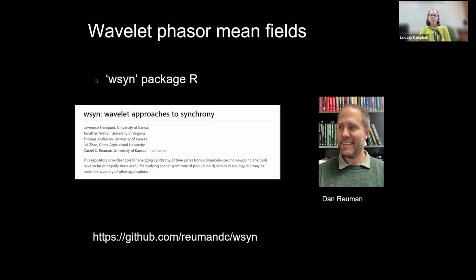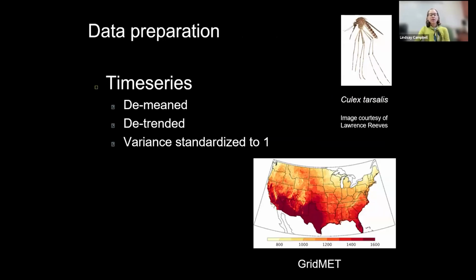I'm not going to go strongly into the exact methods, but this package has a lot of resources, provides all of the information about the math, and also has a nice vignette so you can go through examples. In order to do this, we were using something called wavelet phasor mean fields.